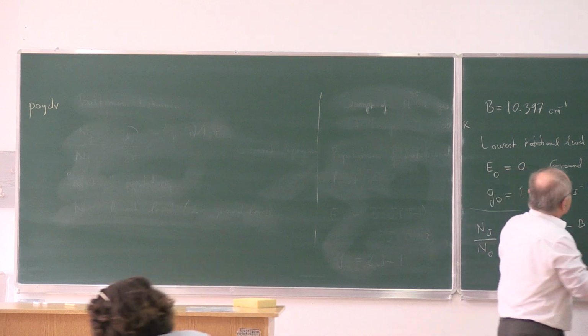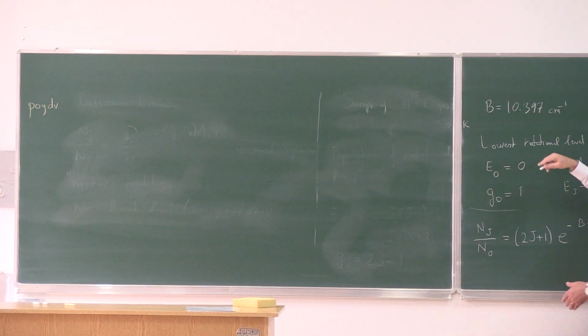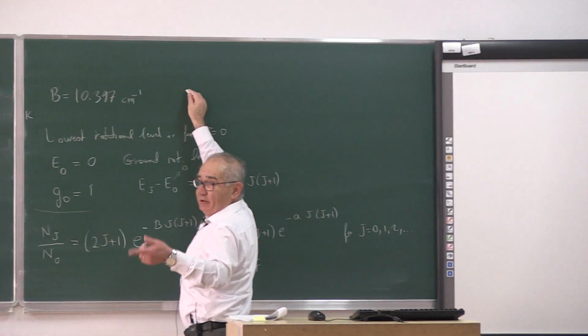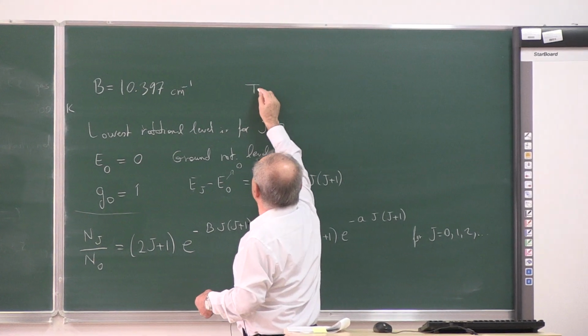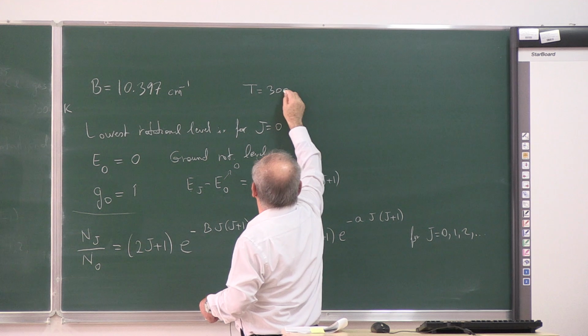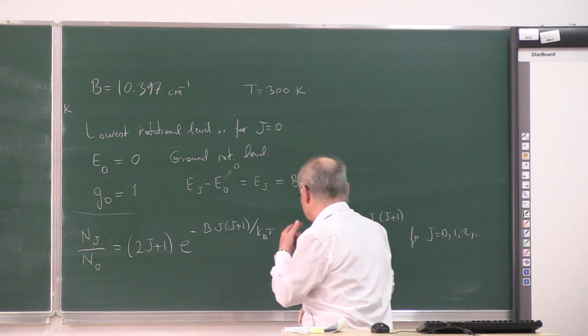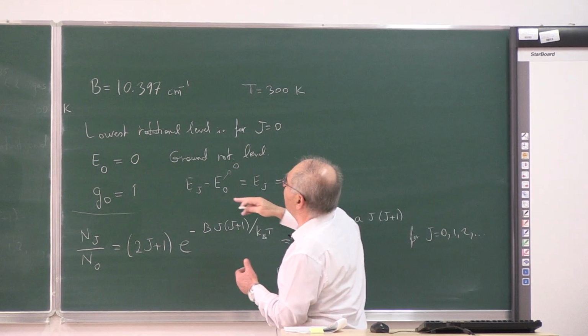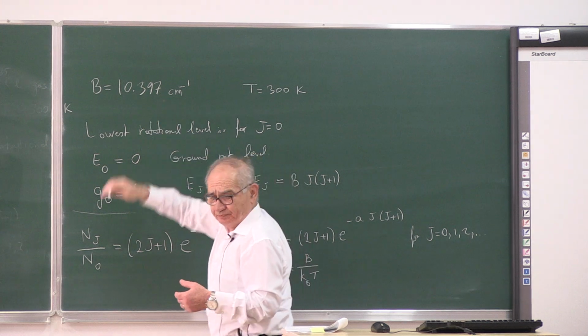Now, temperature is room temperature in this example. Temperature is 300 Kelvin. B is, as I indicated there.